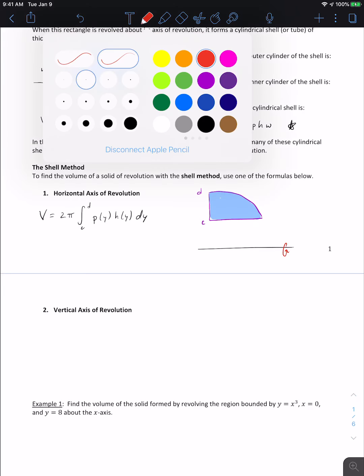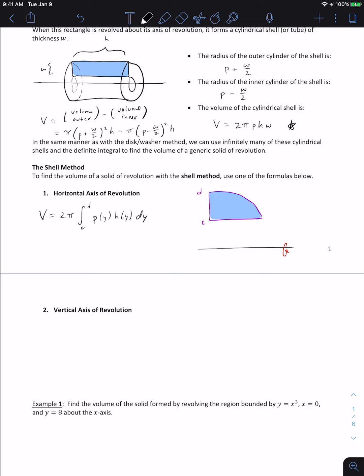So now let's draw what my rectangles look like in this case. So my rectangles, remember, they're going to be horizontal rectangles, right? I have a horizontal axis of revolution, so I put horizontal rectangles there. So notice now the width here is going to be delta y, right? Because it's a change in y values, right? That's why this is a function of y if I have a horizontal axis of revolution.